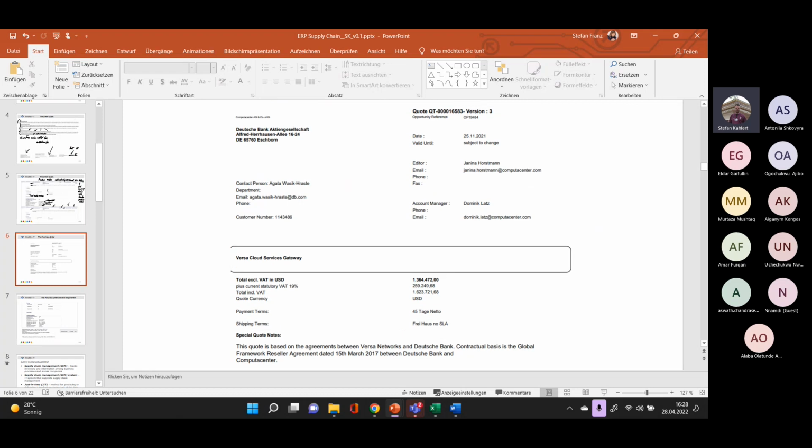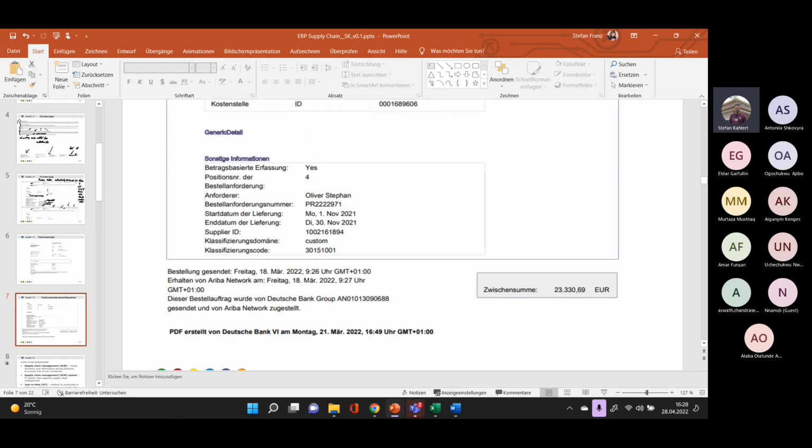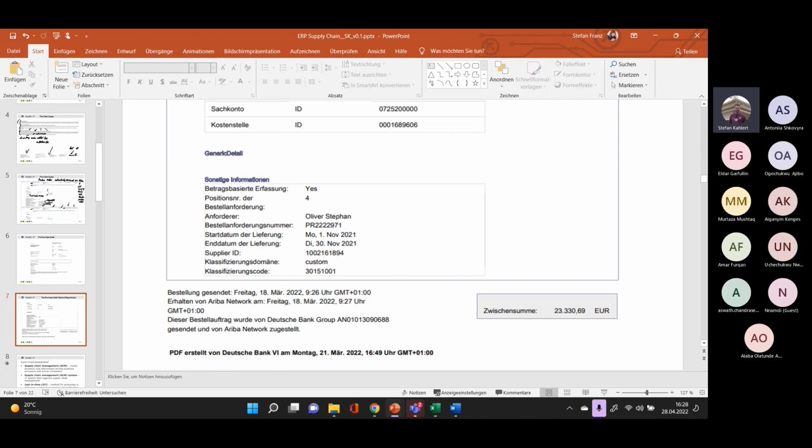So here, this is for the quote. You see the header page and you see the contact person. And here is the second page of the purchase order. So you see this and this in the Ariba system. It then repeats the information you have already seen, the requester number, and on the bottom you see the total amount.